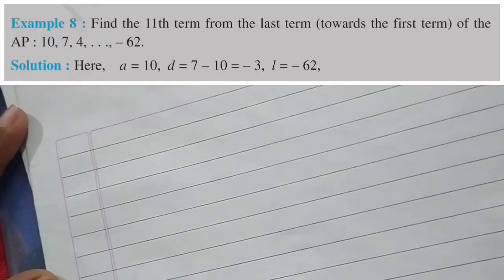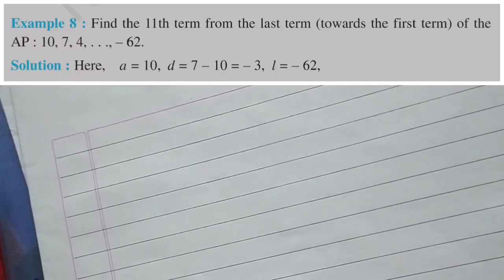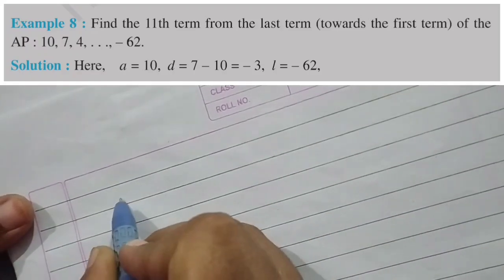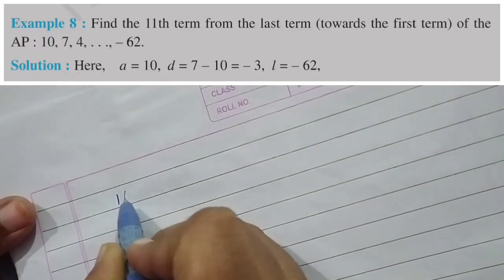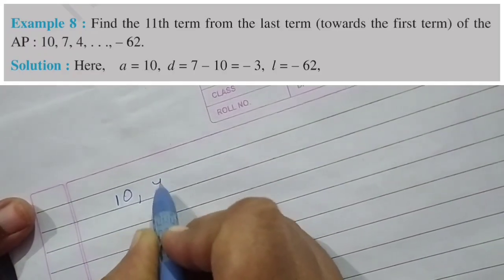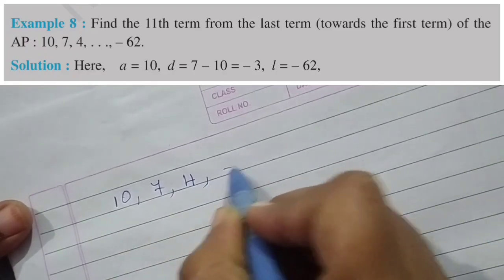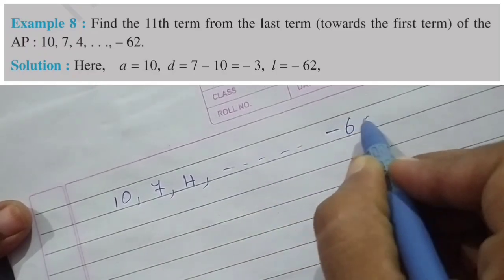Find the 11th term from the last term of the AP 10, 7, 4, ..., minus 62. So they have given the AP 10, 7, 4, dash dash dash, minus 62.